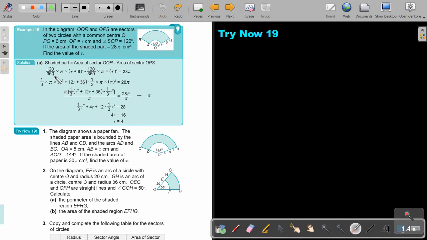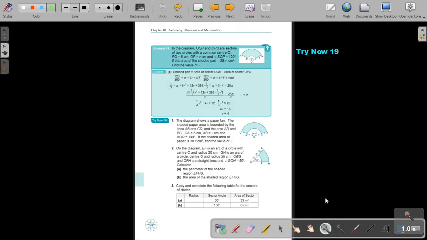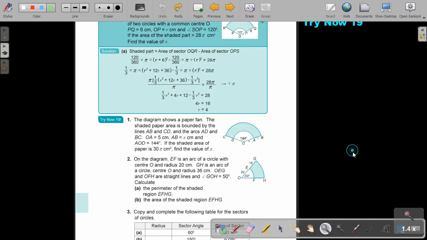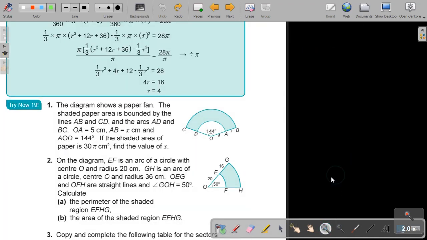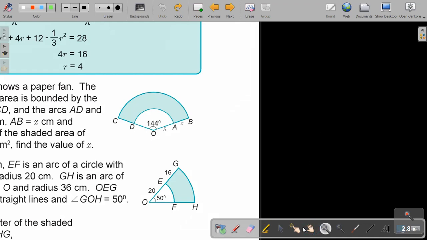So if I'm going to look, it's 120 over 360 times pi. Now remember, I just want to show you here, PQ. It's almost like the sketch is too small. I struggle to see it. Let's just make it bigger. Okay, yes, that's big enough.